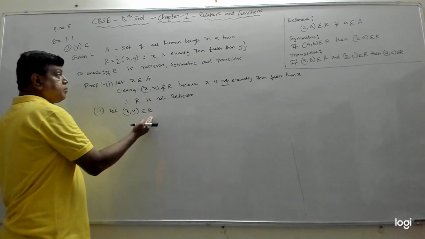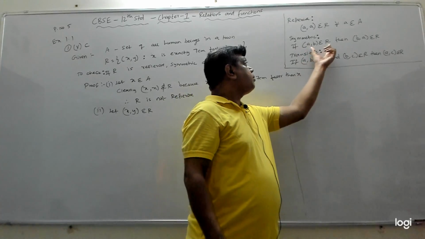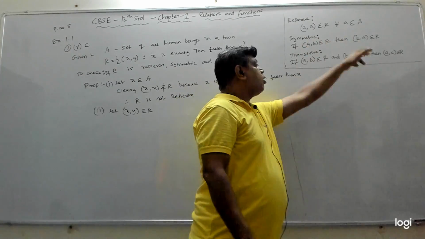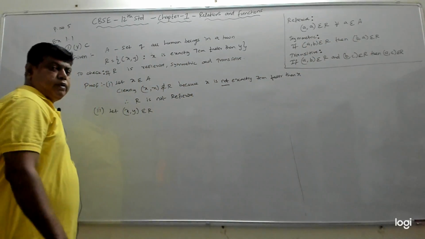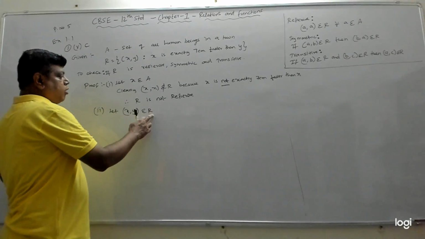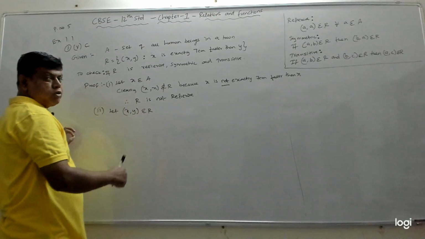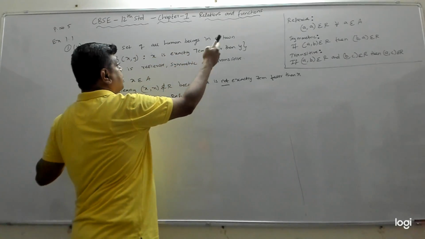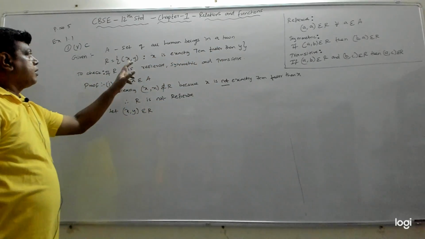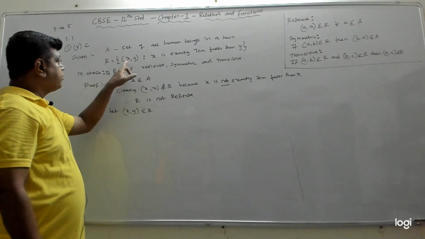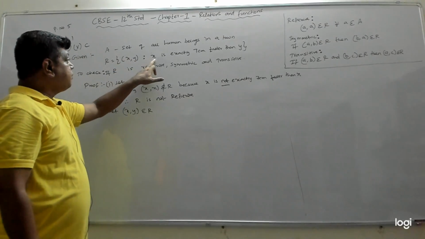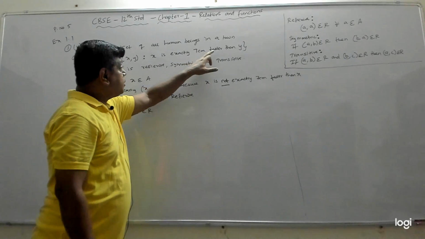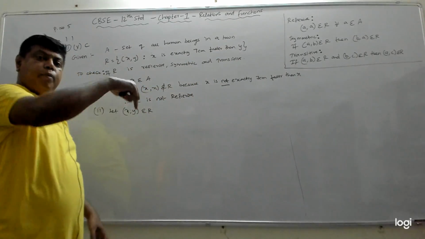So to prove R is symmetric, we should take a pair a comma b from R and prove b comma a belongs to R. Then R becomes symmetric. Y comma x will belong to R if y is exactly 7 centimeter taller than x.